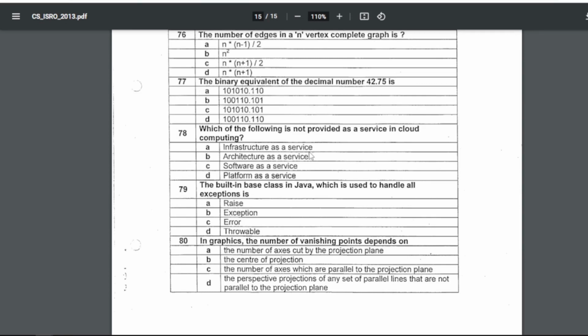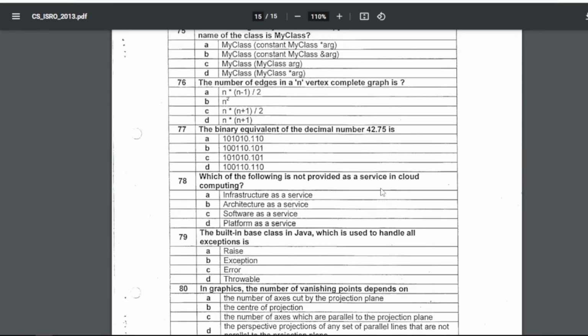Next question is question number 78. Which of the following is not provided as a service in cloud computing? In cloud computing, option B, that is architecture as a service, is not provided. The three services offered by cloud computing for businesses are, first, platform as a service, that is PaaS. PaaS clouds are often created inside large clouds by specialists to deliver scalability and distribution of any application and to help make a company's expense predictable.